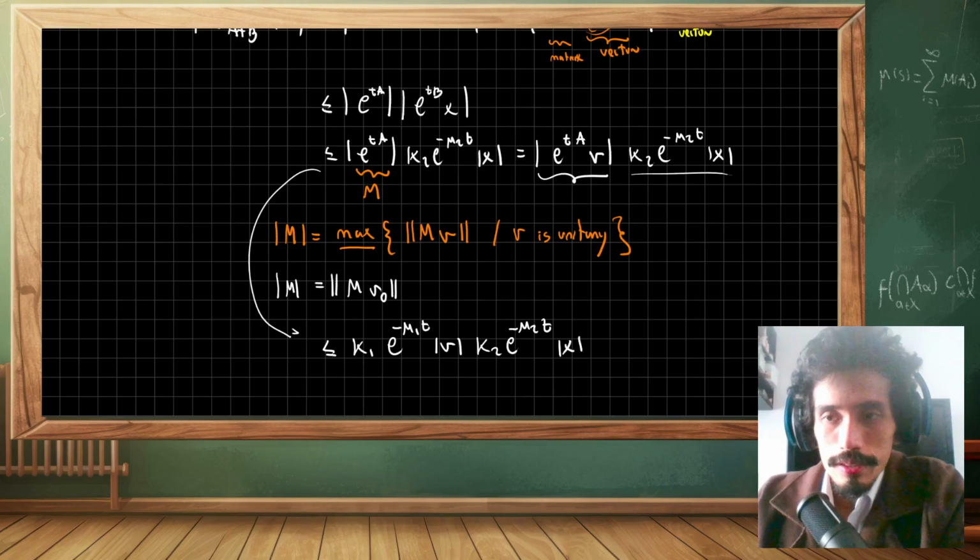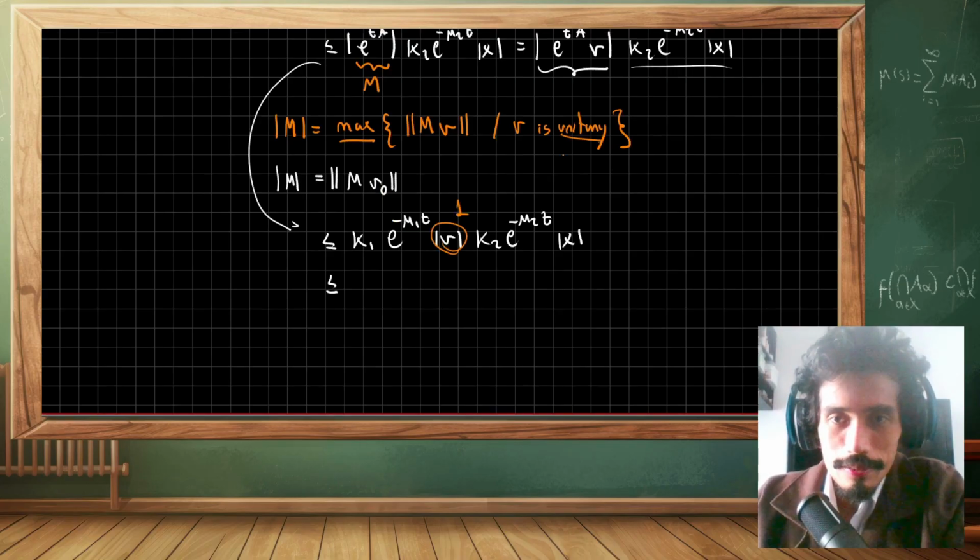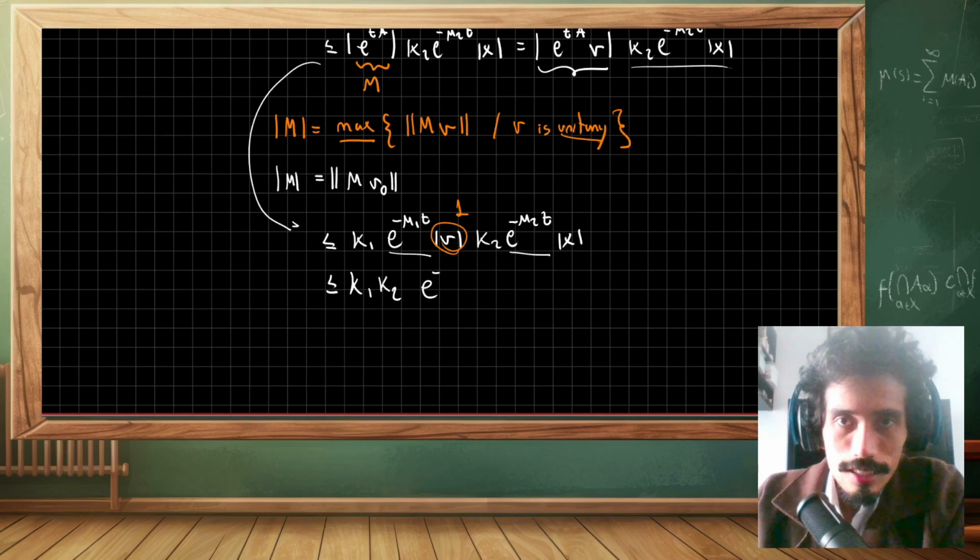So we will write it more nicely. In the first place, this norm is 1 because this is a unitary vector, so we can forget about that. We write the constants on the left. Then the exponential of this times this is just equal to this one. Let me highlight it here. Times t and times the norm of x.